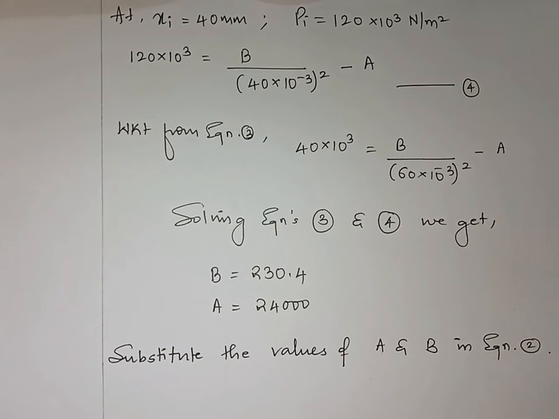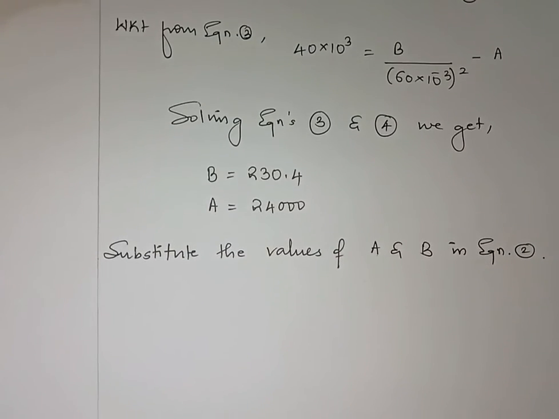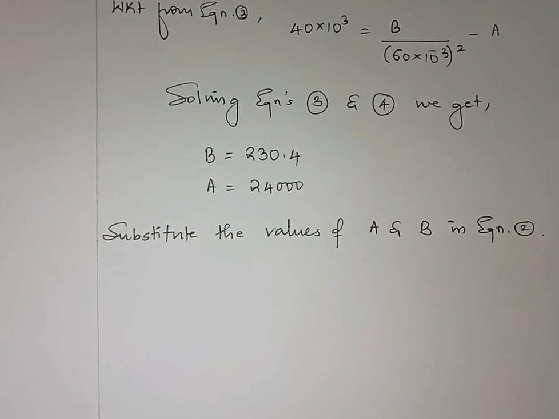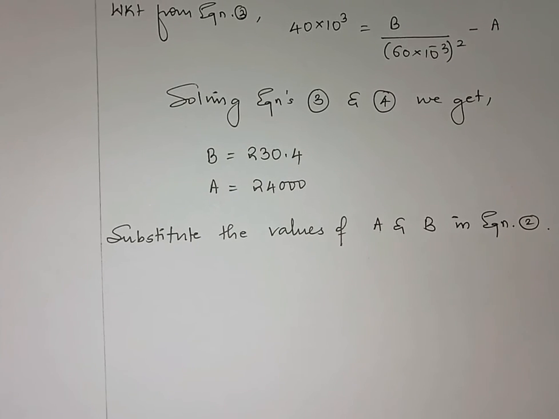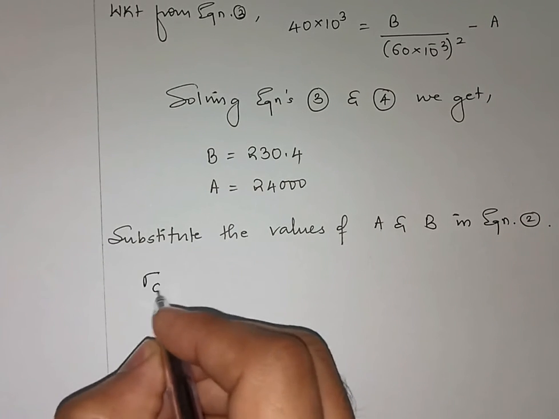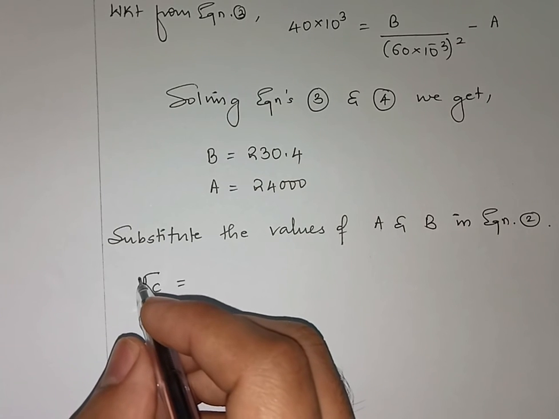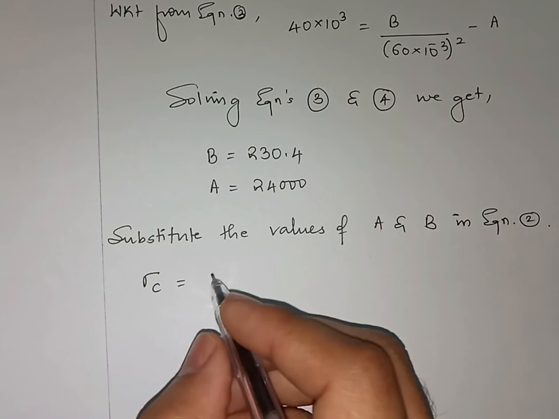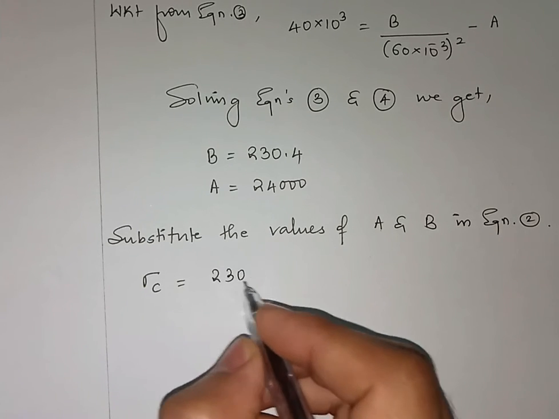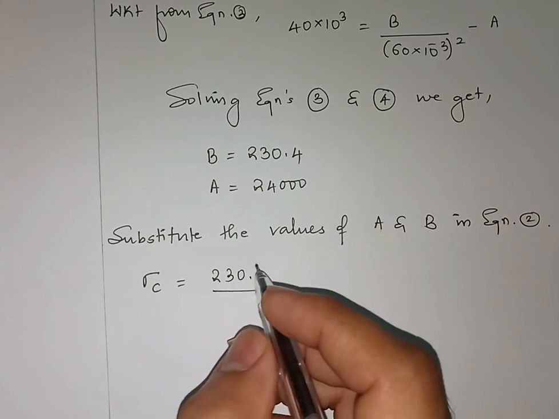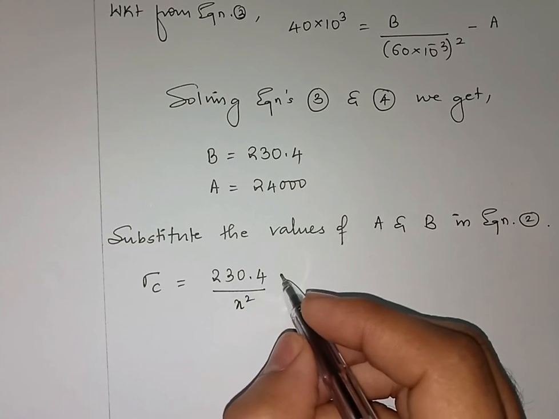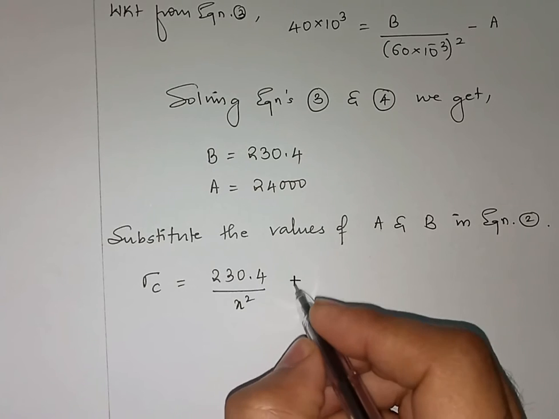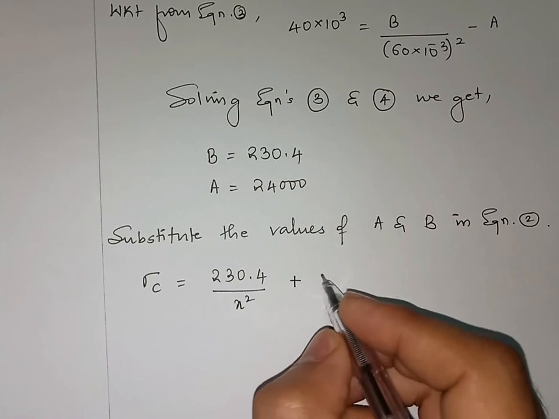So in equation 2, which I listed previously, you need to substitute the values of A and B. If you substitute the values of A and B, I'll be getting sigma C equal to the value of B, 230.4, divided by x square plus 24,000.